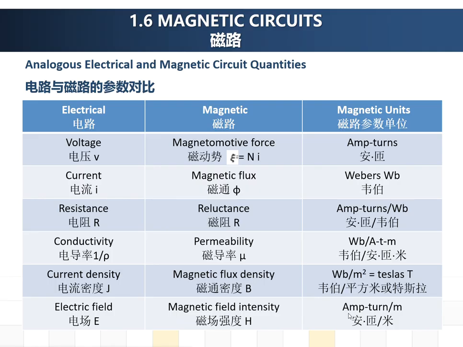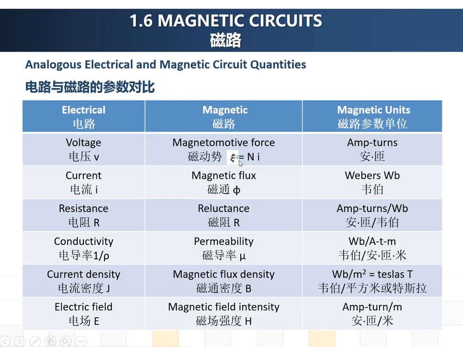This slide shows the comparison between the electrical circuit and the magnetic circuit. Analogous to the electrical circuit, the magnetic circuit has its own quantities. For example, analogous to voltage in the electrical circuit, in the magnetic circuit we have magnetomotive force.